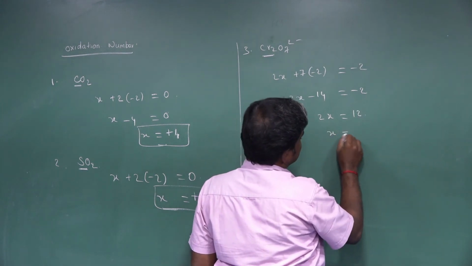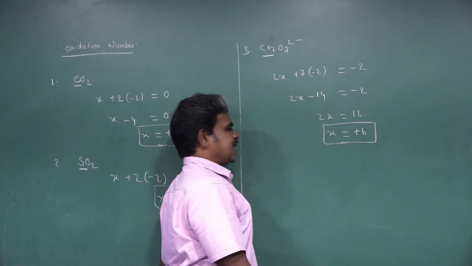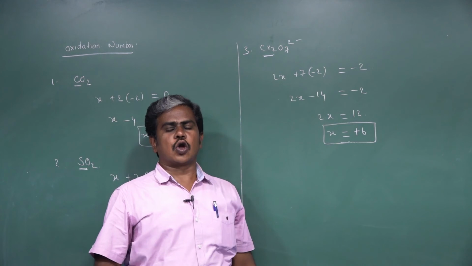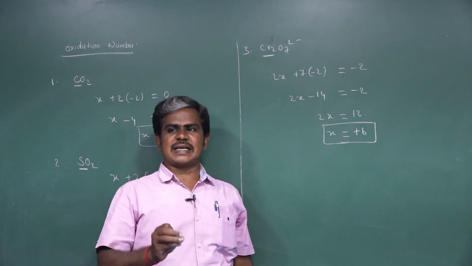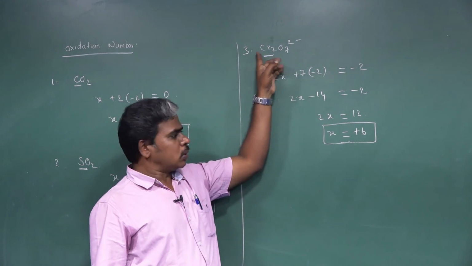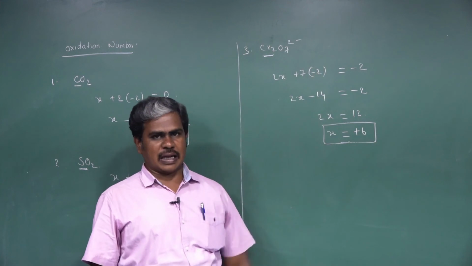Then x is equal to +6. So in the dichromate ion, chromium is in the +6 oxidation state. In the dichromate ion, chromium loses 6 electrons.